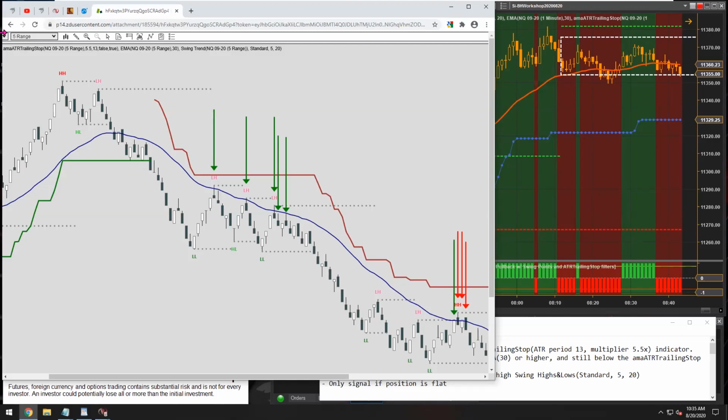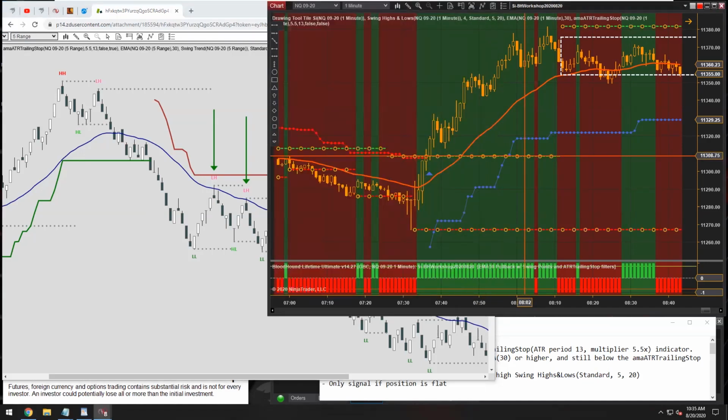And actually, Corinne is using NinjaTrader's swings indicator. Okay, I'm sorry. I was assuming that the swing highs, lows indicator was being used for this, but no, actually, Corinne is using the swings indicator.